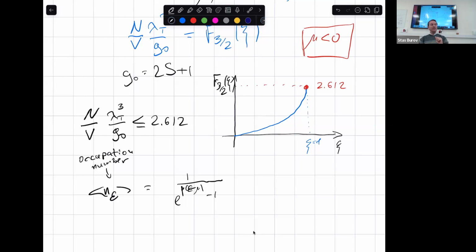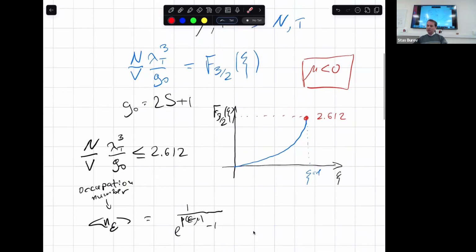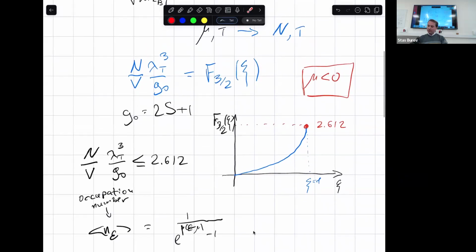Now, if we look at the lowest possible epsilon, which is going to be 0 from our perspective, and as we lower the temperature, look at this.